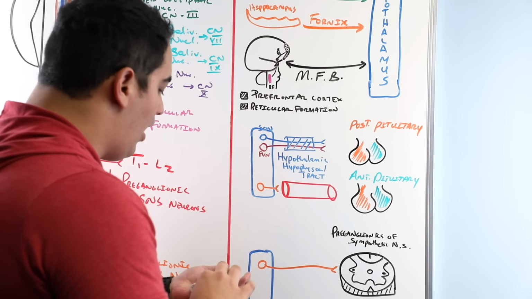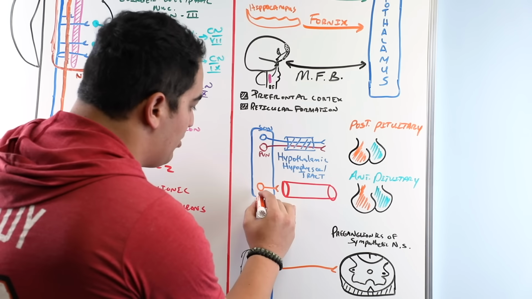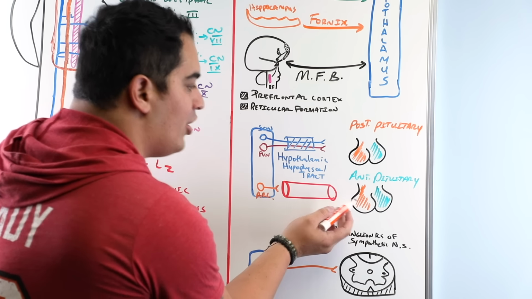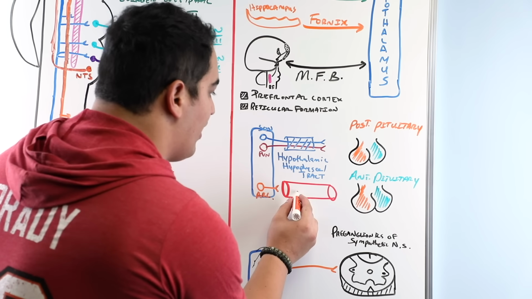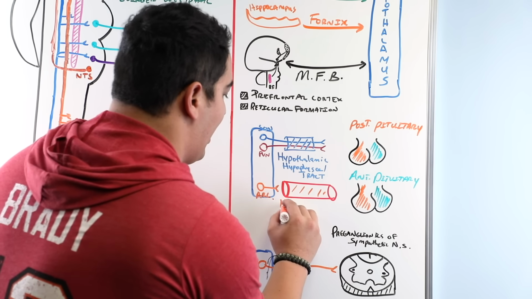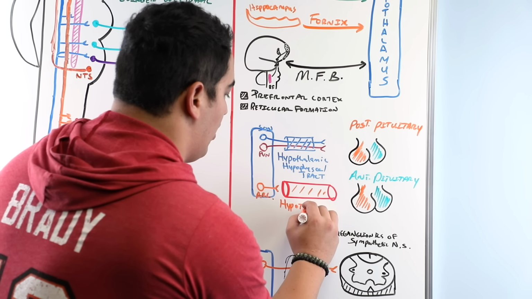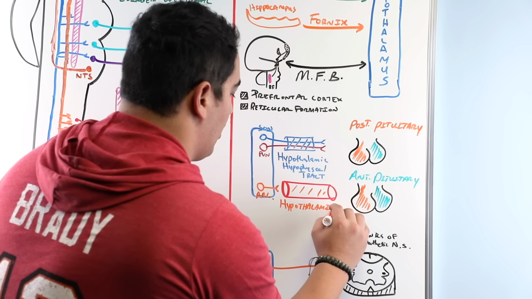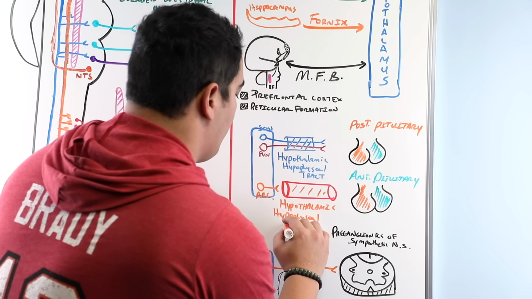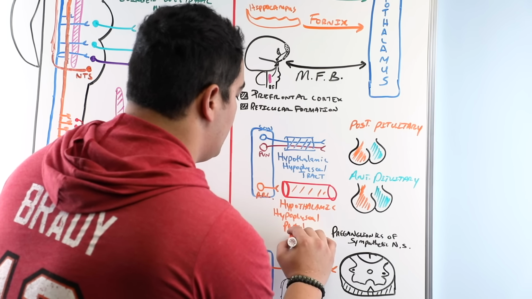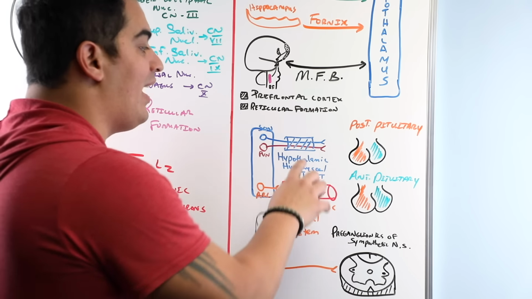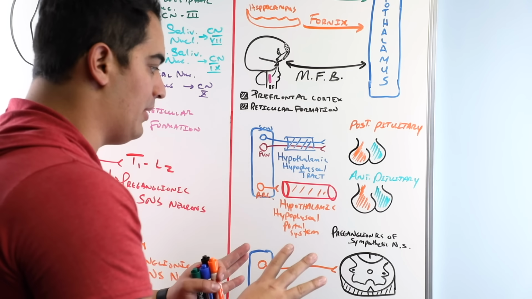Then you have another connection between the arcuate nucleus and the anterior pituitary. We called that the vascular connection between the two, the hypothalamic-hypophyseal portal system. And that's involved in the endocrine activity of the hypothalamus.